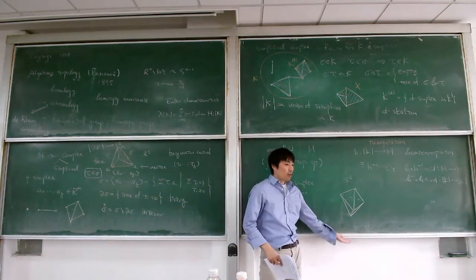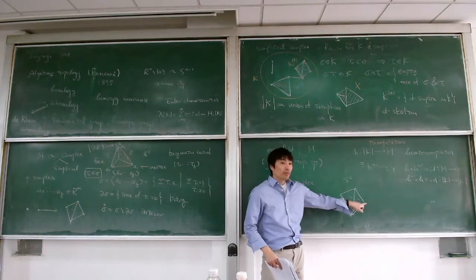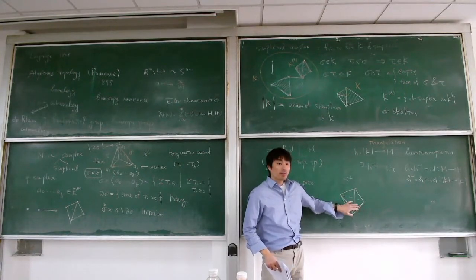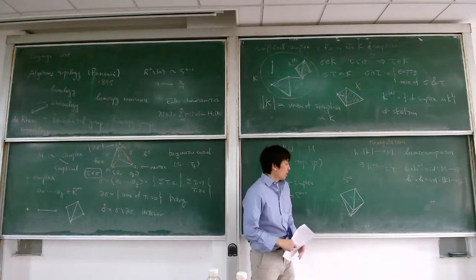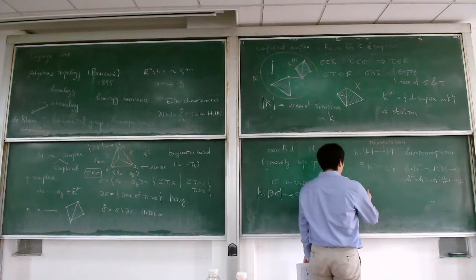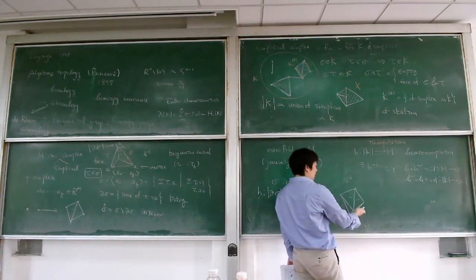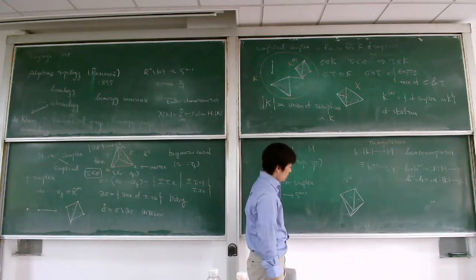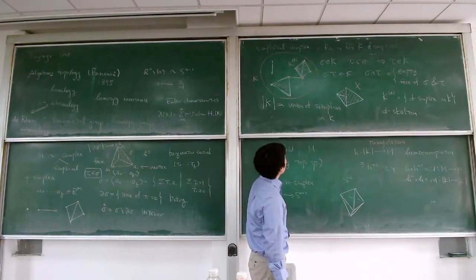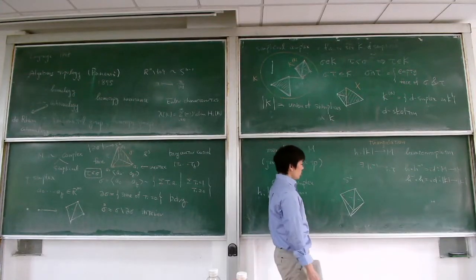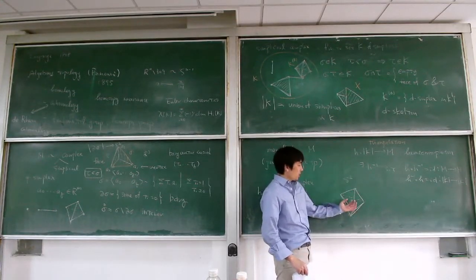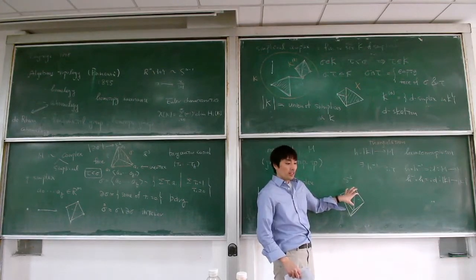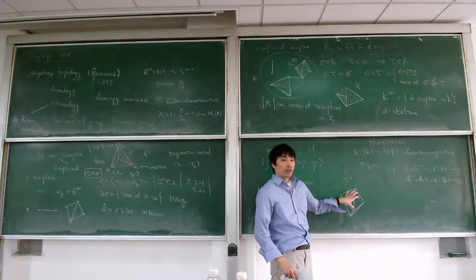Two simplices combine together and you get rid of the middle plane here, and you just consider the boundary. So you just consider a three simplex and get rid of the interior.